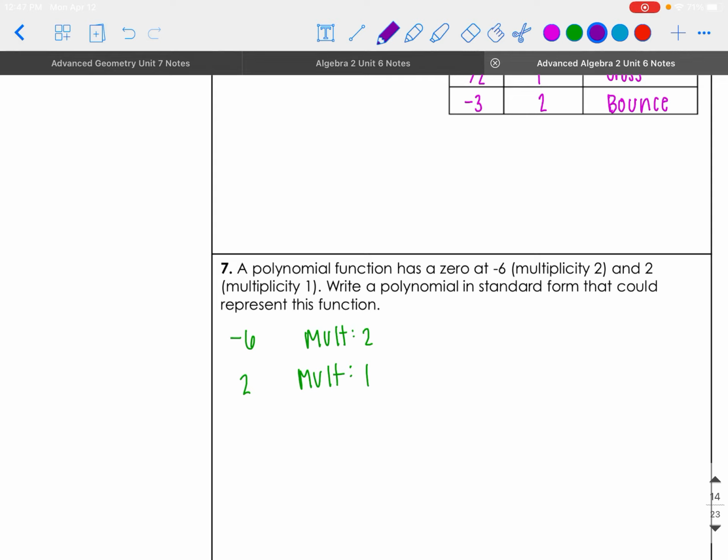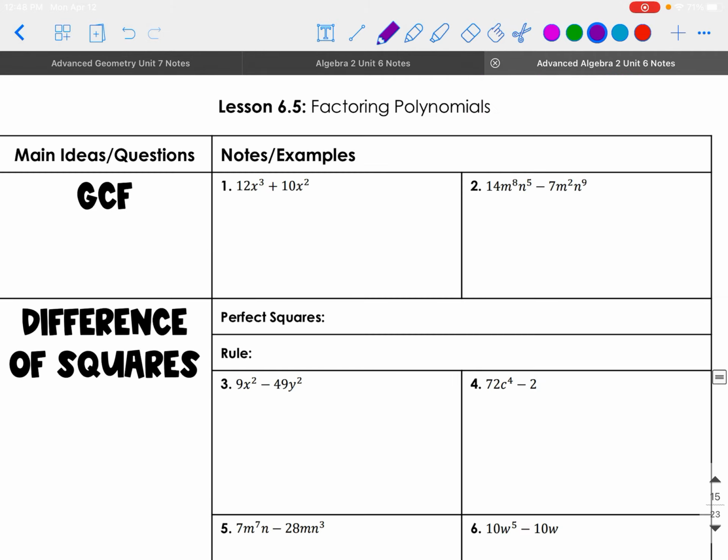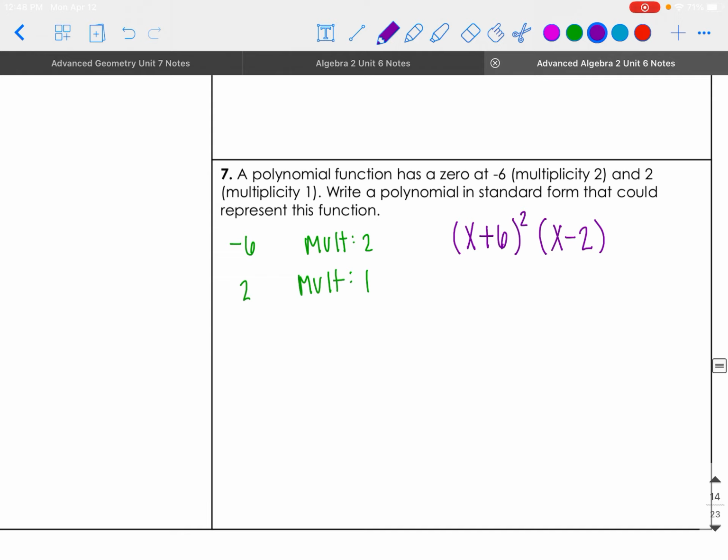So the important thing to remember is that whatever your 0 is, your factor is the opposite of that. So if we have a 0 of -6, our factor is going to be x plus 6. And it's going to have a 2 exponent because the multiplicity is 2. And then my other factor is x minus 2. And the multiplicity is 1. You really don't write the 1 exponent.